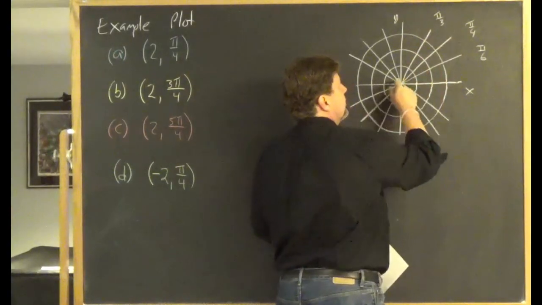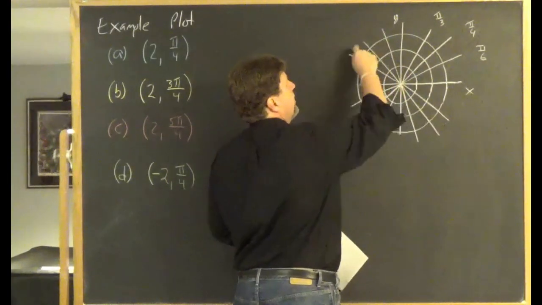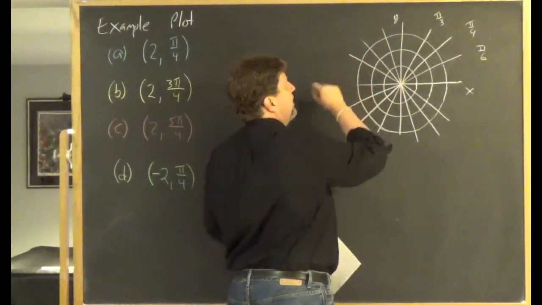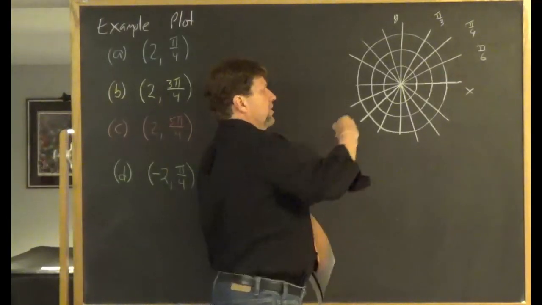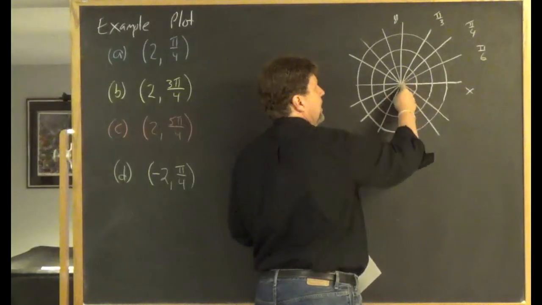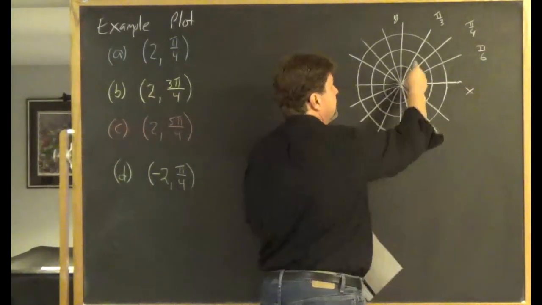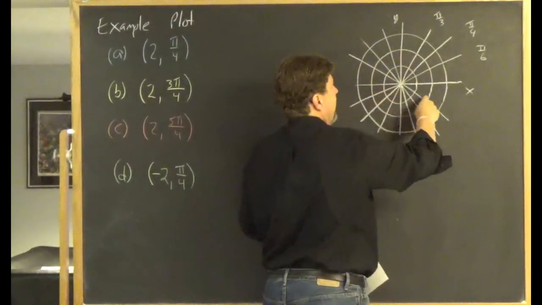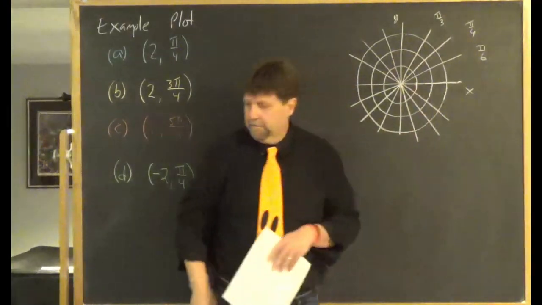Here, it's pi over 3. We know here would be pi over 2, 2 pi over 3, 3 pi over 4, 5 pi over 6, etc. And then the concentric circles. I'm going to say that every point on this circle is 1 unit away from the pole, so r is 1. This would have an r value of 2, and that would have an r value of 3.